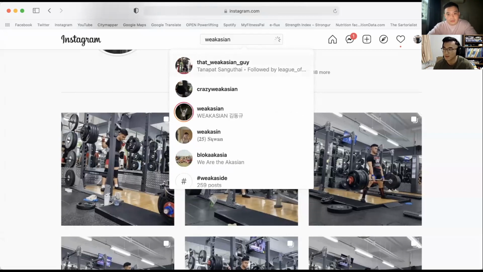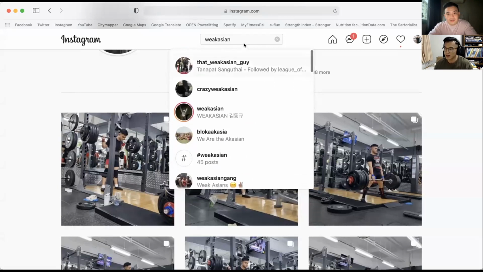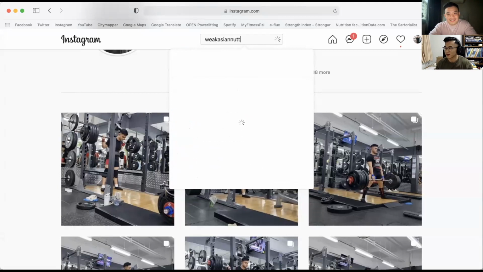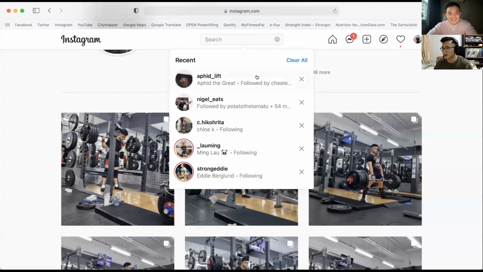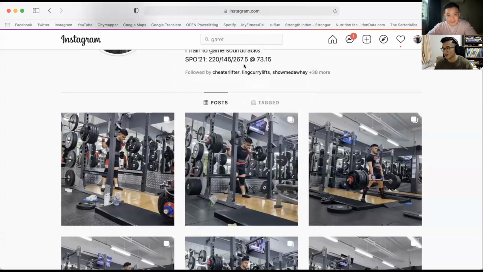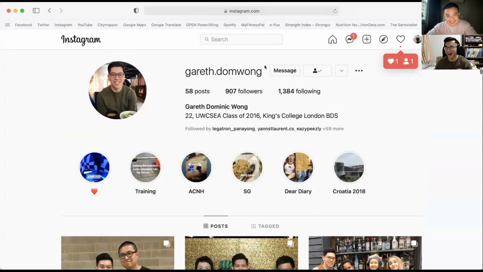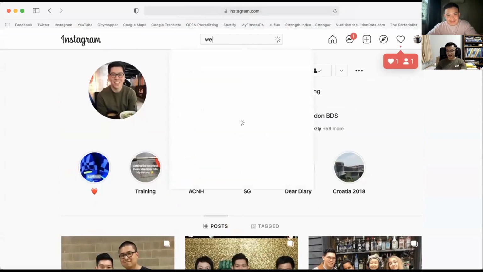Where's his Instagram? You need to go to his lifting one. I don't see it on mine either. Did he delete himself? Hey, you got blocked by your own athlete. Why is it missing?